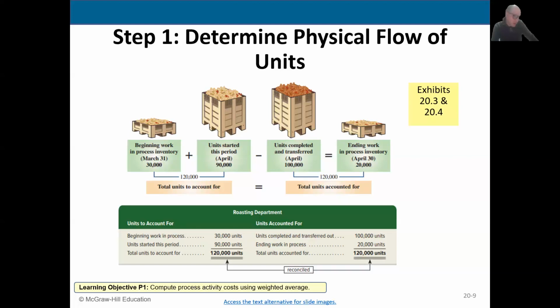Units completed and transferred represents the totally completed units, meaning finished goods, that have been transferred out of work in process to finished goods. And that 100,000 we're subtracting from the 120,000, which gives us the ending work in process inventory of 20,000.